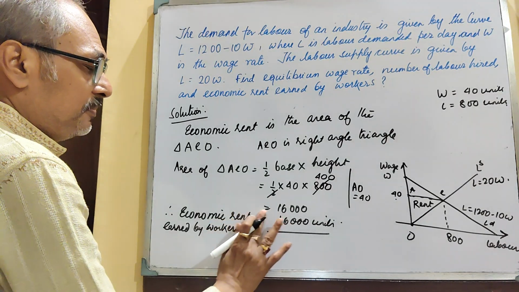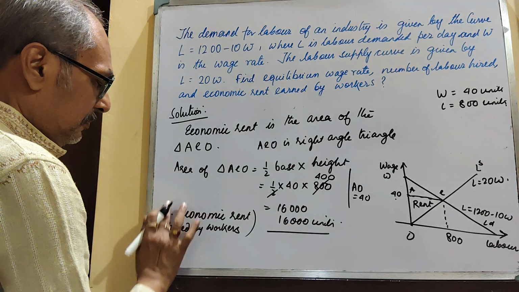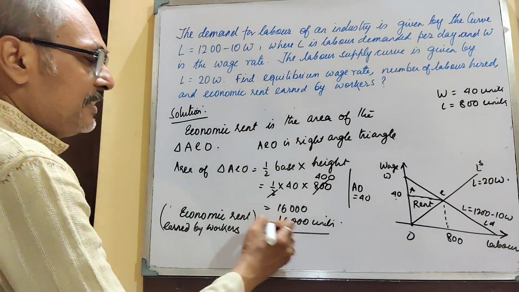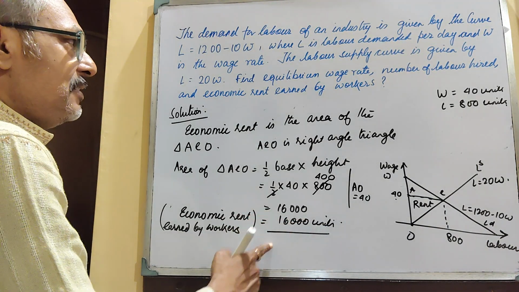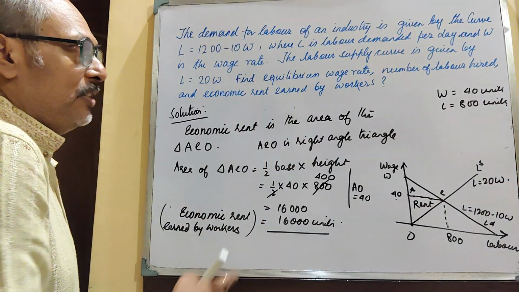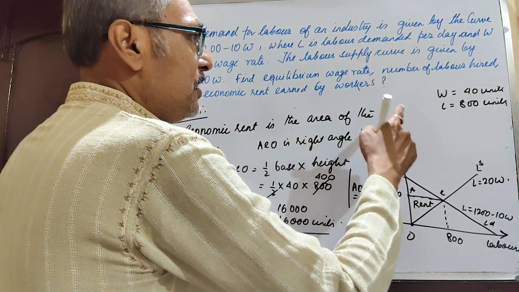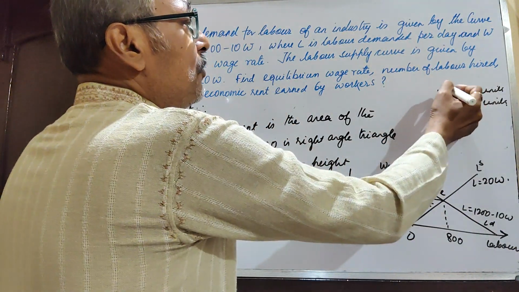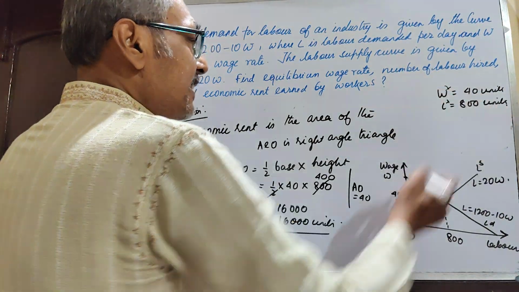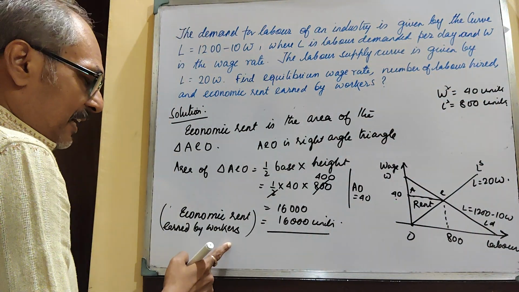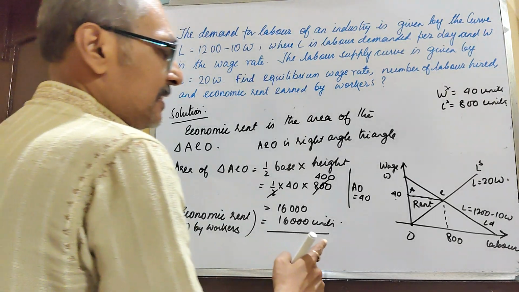This is the answer of the third part of the question. The equilibrium wage is 40 units. The equilibrium number of labor hired is 800 units and the economic rent earned by the workers is 16,000.